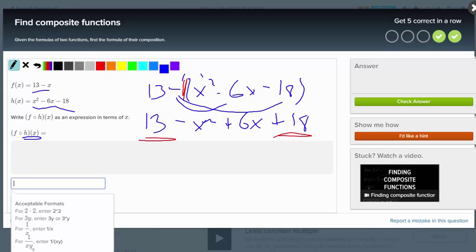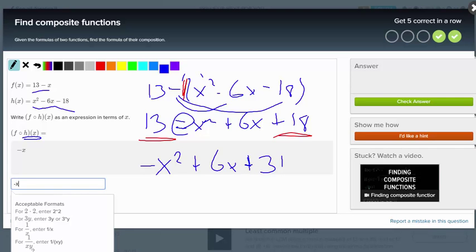So it's going to be negative x squared plus 6x plus 31. Give that a shot. Negative x squared plus 6x plus 31.